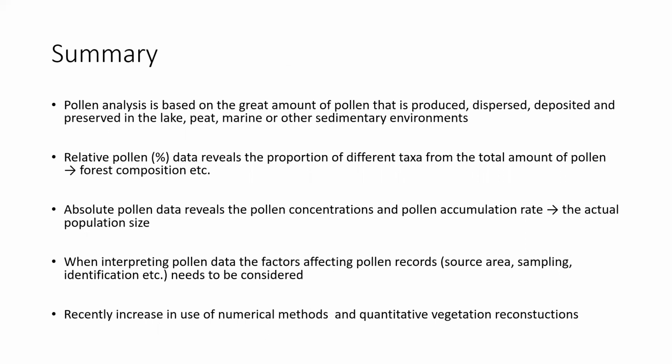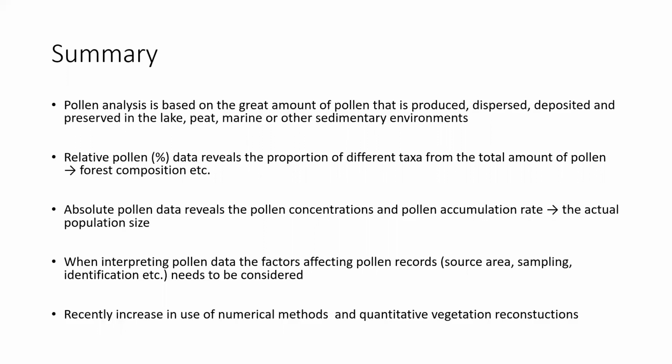So as a summary for today, pollen analysis is based on the great amount of pollen that is produced, dispersed, deposited, and preserved in lakes, bogs, or other sedimentary environments. I also want you to remember that there are different types of pollen data: relative pollen data and absolute pollen data, which tell different types of information about past vegetation.